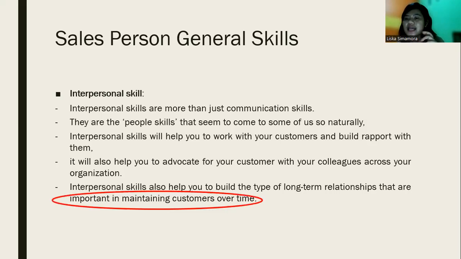So in this chapter 6, we learn about selling and customer record. Customer record is a step to maintain our relationship with our customer, but this skill is also another step to maintain our relationship with our customer.